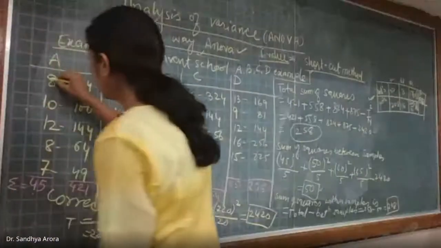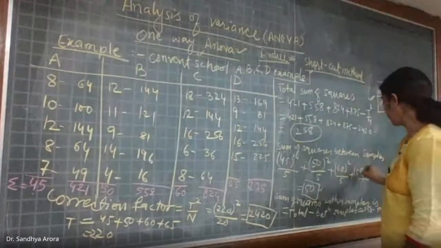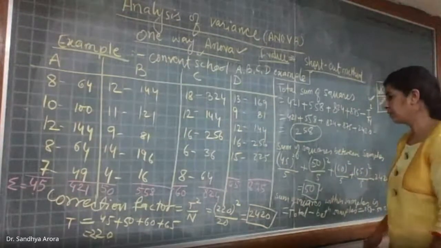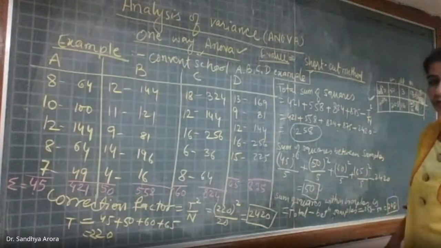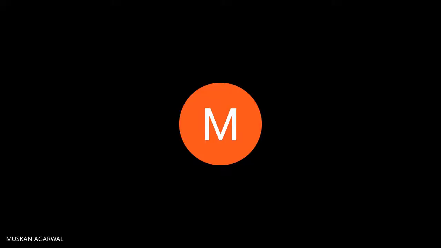How many samples are there? 1, 2, 3, 4, 5. Every sample has 5. Okay, ma'am.